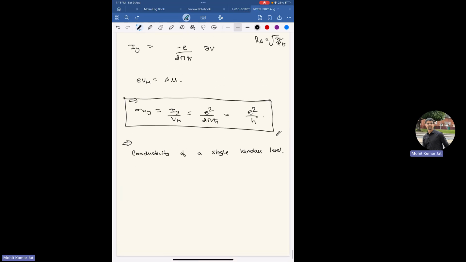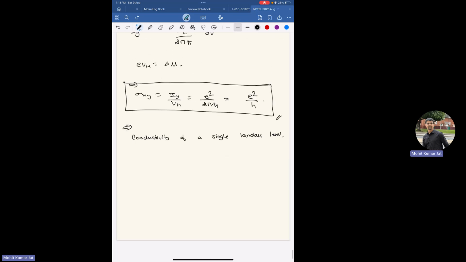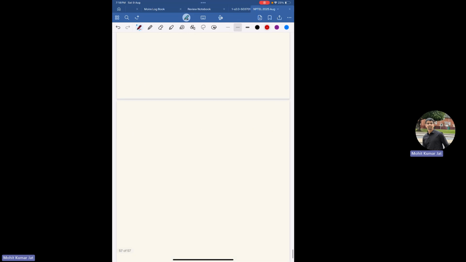If this is clear, then we'll move on to the next problem, which is the final problem of this class. The question says: draw a neat labeled diagram of the Corbino disk.